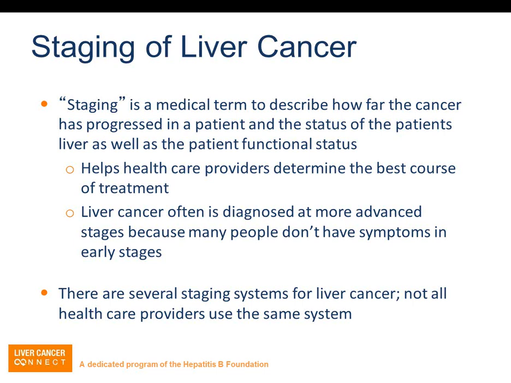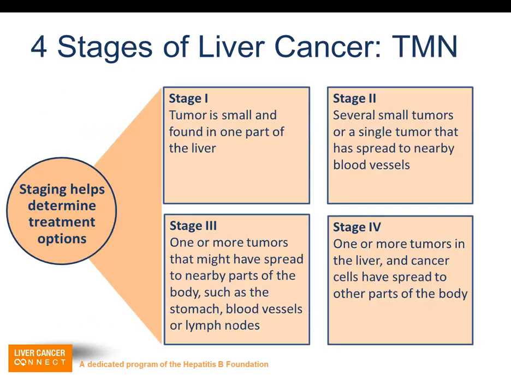And there's probably 10 different staging systems. The one we use in the U.S. is called the BCLC. It started in Barcelona, but we're now going to talk about something called TNM because it's so simple. 1, 2, 3, 4. 1 is a small tumor, one small part of the liver. 2, several tumors that have spread potentially to local blood vessels. 3, tumors that have spread to nearby parts of the body around the liver.